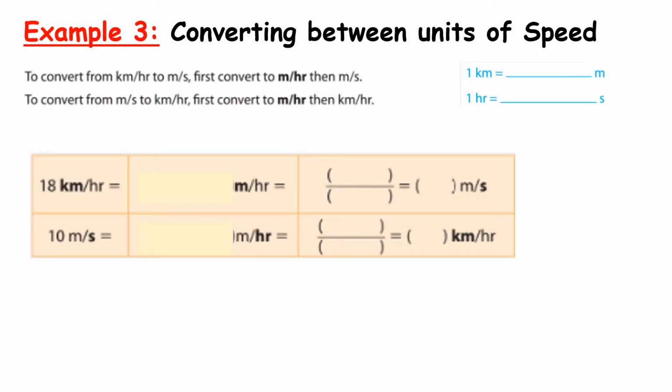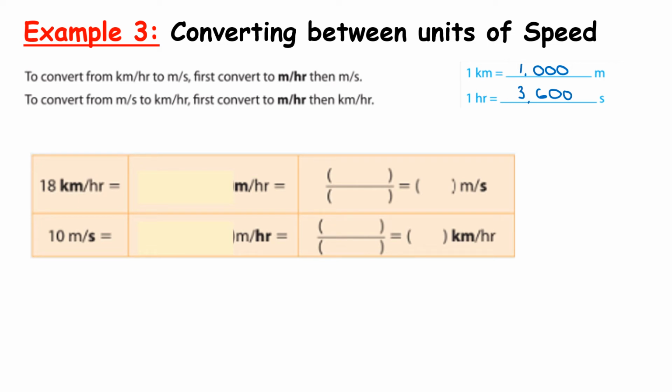I want to convert 18 kilometers per hour to meters per second, and then 10 meters per second to kilometers per hour. Just to remind us, 1 kilometer is 1,000 meters, and 1 hour is 60 minutes, each minute has 60 seconds, so 60 by 60 is 3,600 seconds.